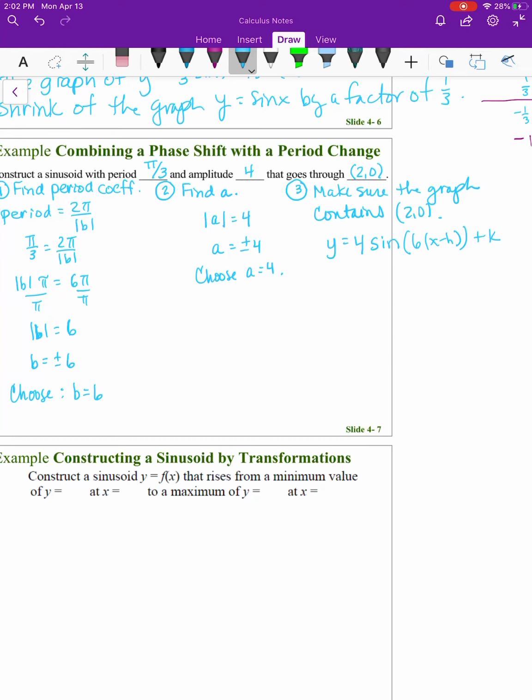So that's what we have so far. We have our A and our B, okay? Like the regular sine function would start at 0, 0, right? But since they're wanting us to start at 2, 0, why don't we just think that that is a shift to the right 2? So that's going to affect this.